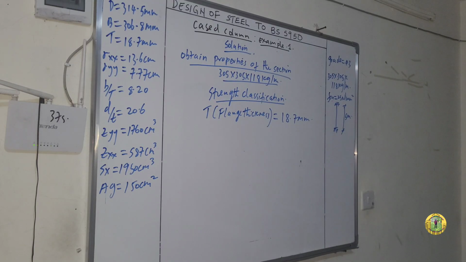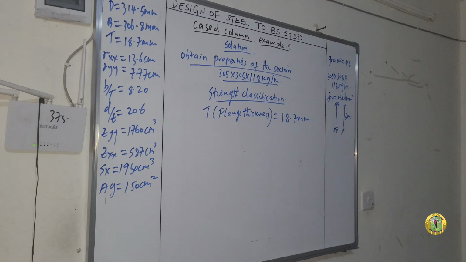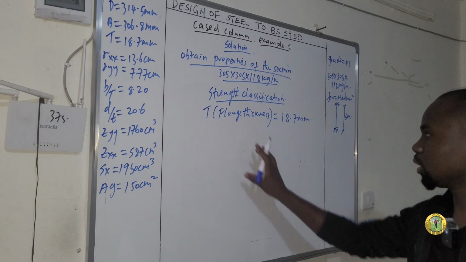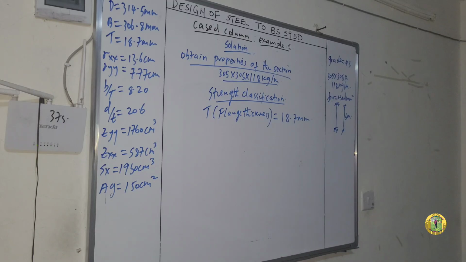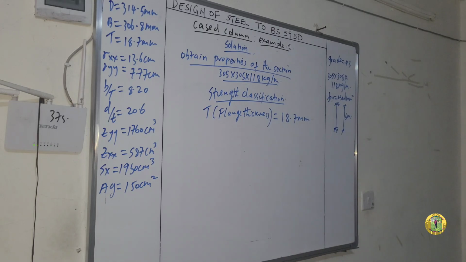BS5950 provides a table which guides you on how to classify the strengths of a steel. Again, if you don't know how, you can visit my video on the introduction to the design of steel to BS5950. But it's something very simple, so it should not worry you.